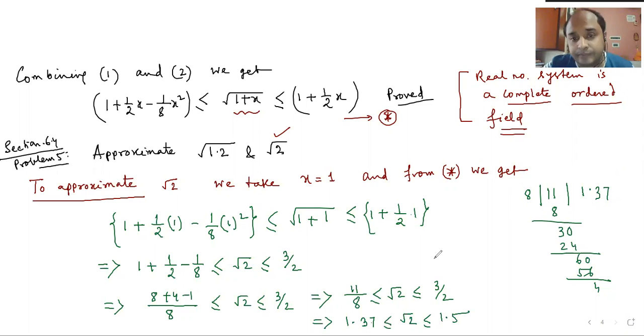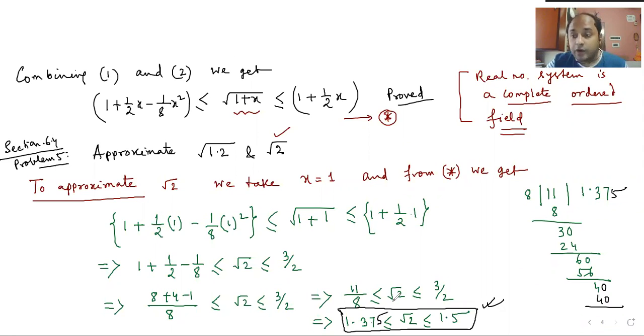So you see, at least I can say, I do not know what root 2 is, but I can say that root 2 is a number which lies between two numbers. If you do further, you will get 1.375 and 1.5. At least we can say this from this particular analysis.